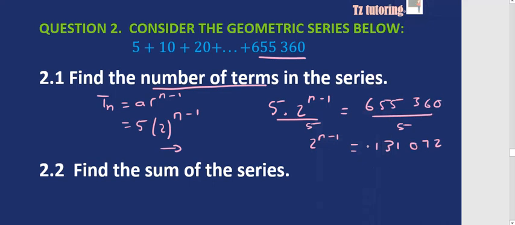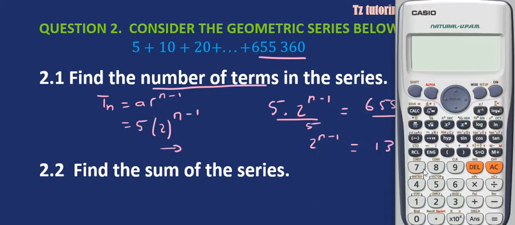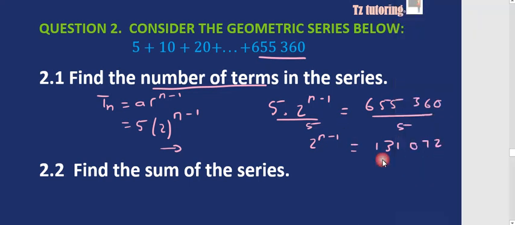Of course, to get that number, we would have to use the base of 2 and an exponent, by trial and error. Let's say 15, 16, 17. All right, so 17 gives us that number. So 2 to the power of 17.